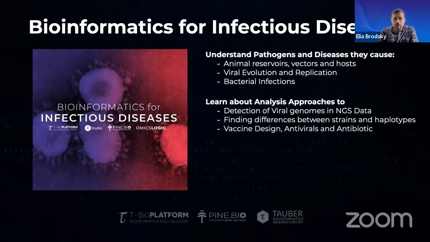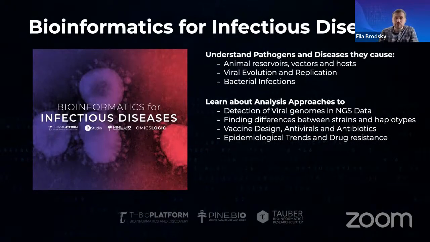We'll also talk about the specific ways to analyze such data. A lot of this data is going to be focused on the understanding of genomic variability and how to identify specific genomic variants and characterize them in terms of their impact on the pathogen itself, on the interaction between the pathogen and the host, and potentially on the intervention in that interaction.